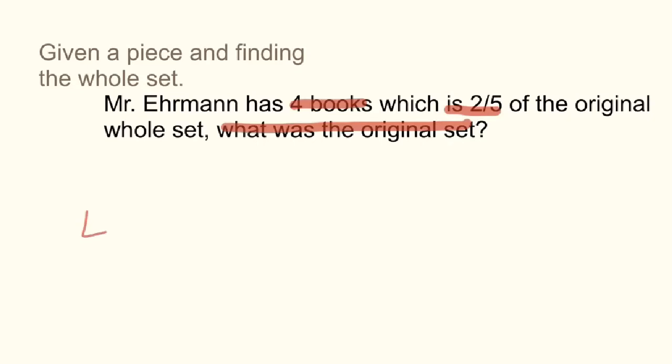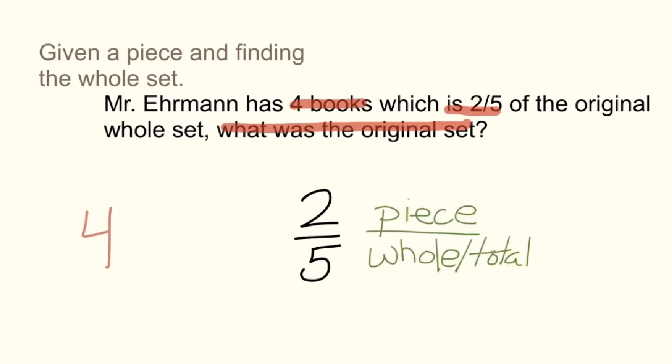So I'm still going to write the number given. And I'm going to write my fraction. And we're going to keep in mind what our fraction represents. In this case, the 4 is not represented in the denominator. It's not the whole. It is the 2 in the numerator.